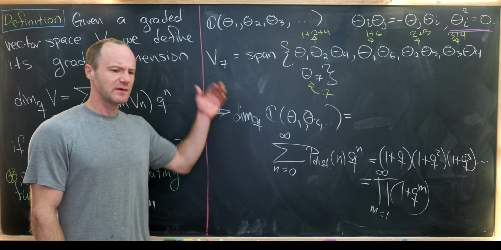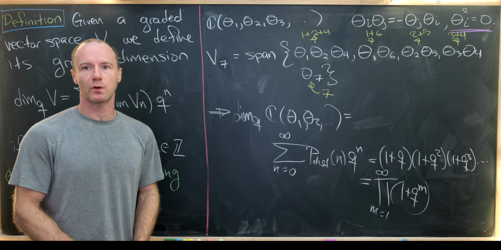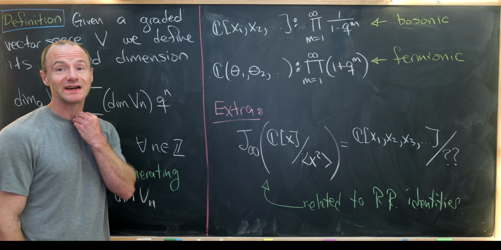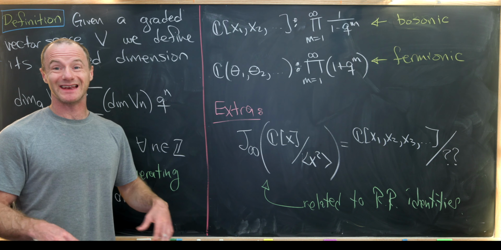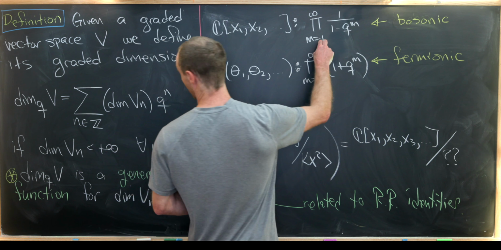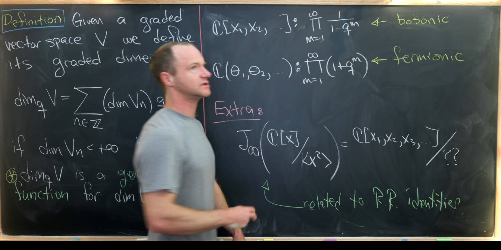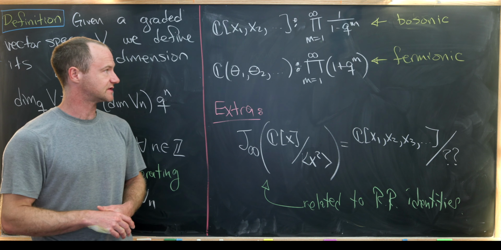Okay, so let's maybe make a quick summary as well as some bonus information, which we won't quite cover. So let's finish this off with a nice summary. Our infinite variable polynomial algebra in even or commuting variables had the following graded dimension. So it was related to the number of unrestricted partitions.